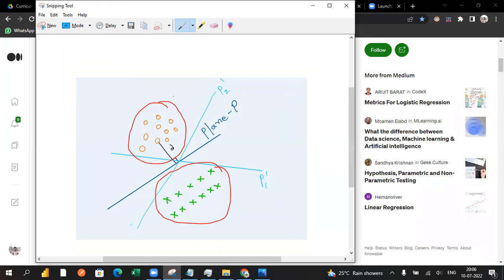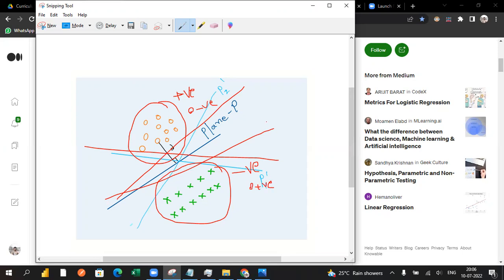We can represent one class as positive and the other as negative. How do you separate these two classes? You can separate by using a plane, a line like this, or a line like this. What if you have a point on this side as a negative point, or a positive point on the negative side?